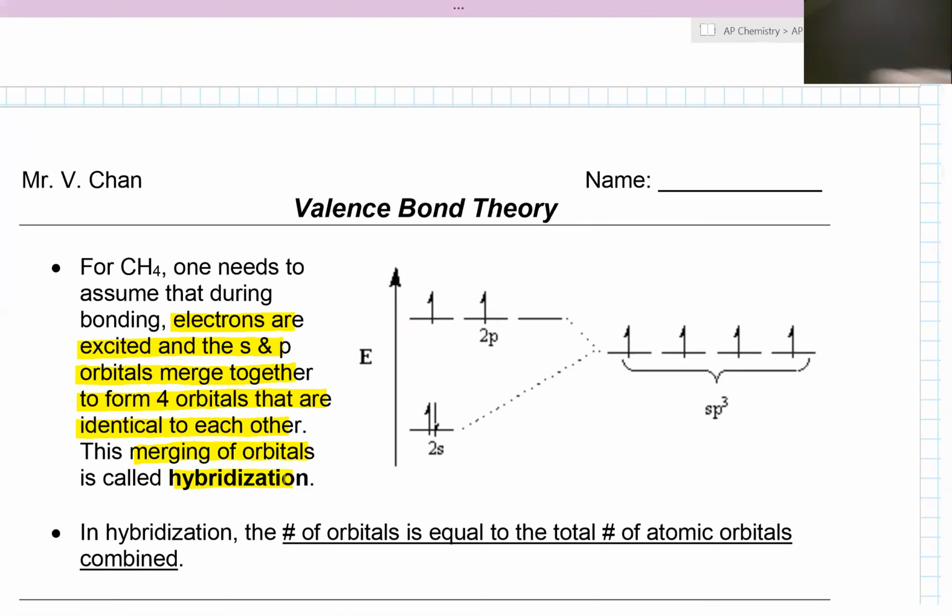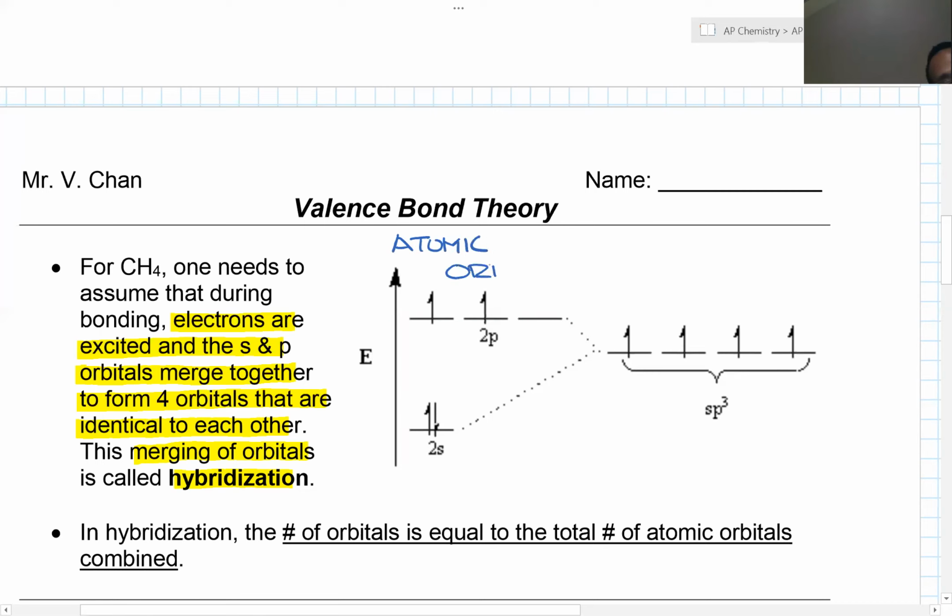So in this case, we have our atomic orbitals. This was the one that you would draw when we were trying to figure out the electron configurations. Now, in bonding, what happens is the orbitals merge, and these are called the hybridized orbitals.